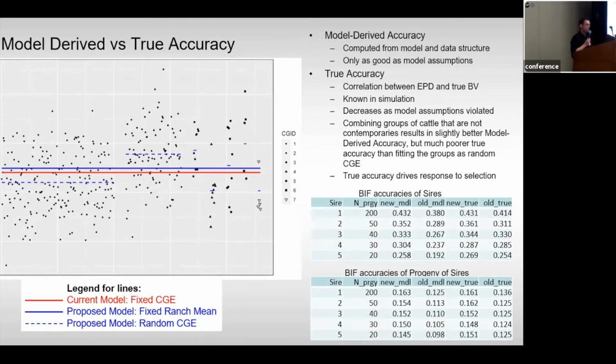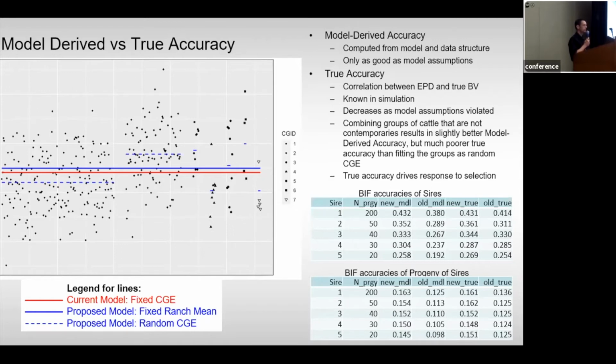So the other point we wanted to make is the delineation between model-derived and true accuracy. Model-derived accuracy is computed from the model given the data structure, and it's only as good as the model assumptions. The other way to say it is, does the data match the model assumptions? Really what we're interested in is true accuracy.